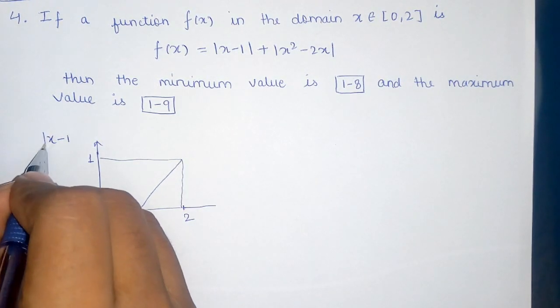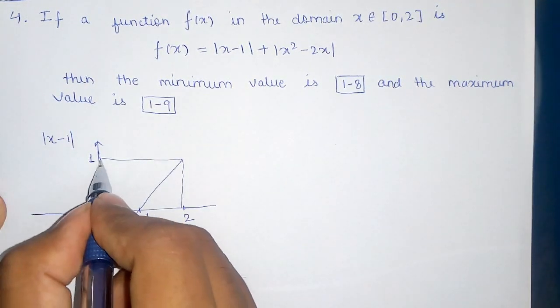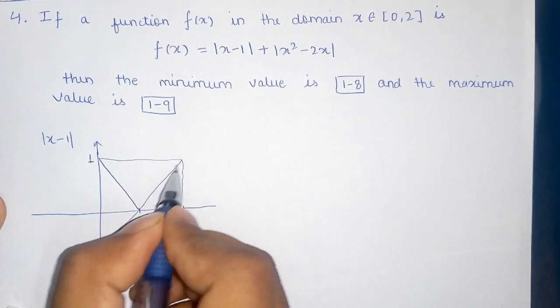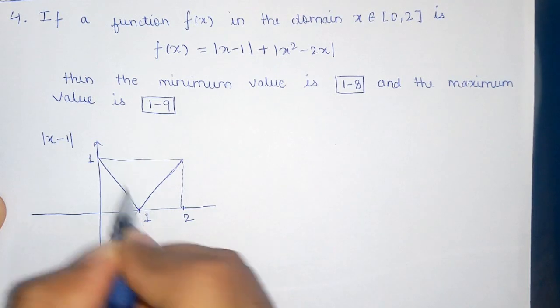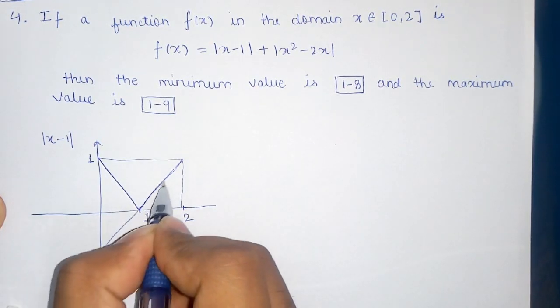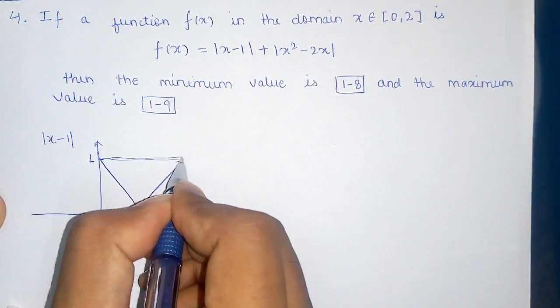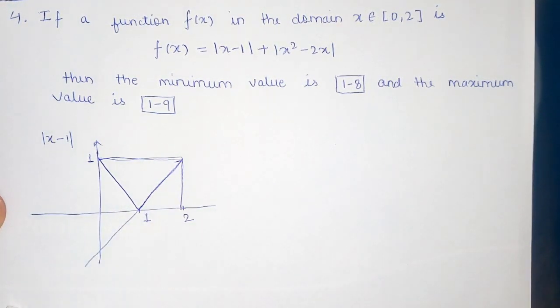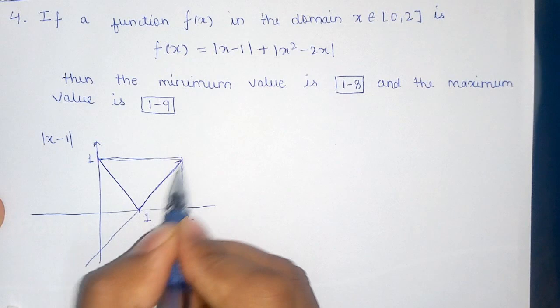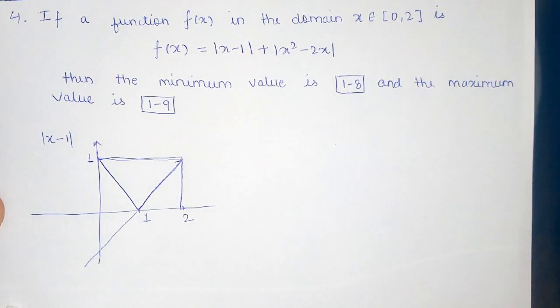This is x minus 1. And mod of x minus 1 is simply flip it around the x-axis, and in the 0, 2 domain it is like this, a V-shaped function.